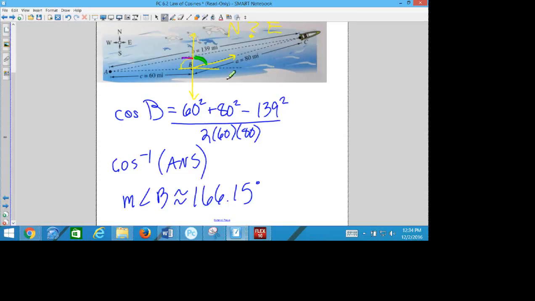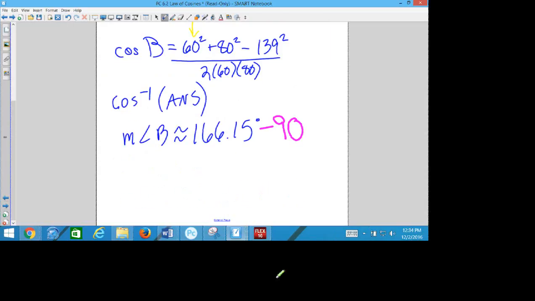What is this over here? A right angle. So subtract 90 from your last answer. Just hit minus 90 on your calculator. And we should have our final bearing: north, 76.15 I think it is, right? Yeah. And then east.